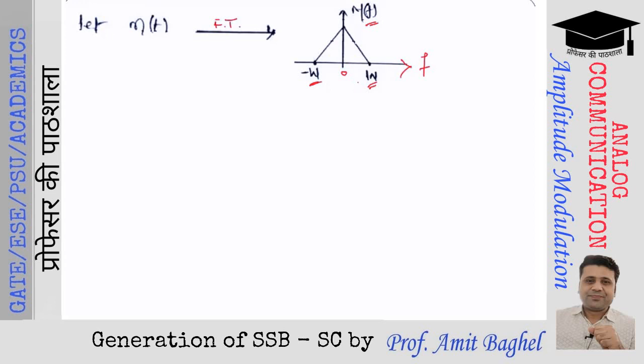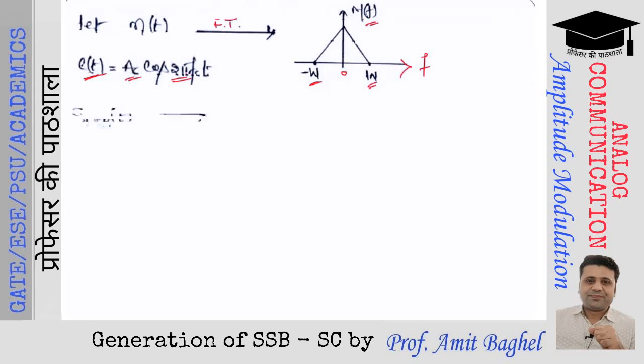As we all know, we have a carrier signal c(t), which is a single tone carrier signal, which can be taken as Ac cos(2 pi fc t), a well-known carrier signal. With these two inputs, m(t) and c(t), we are going to generate a DSBSC signal through the product modulator.